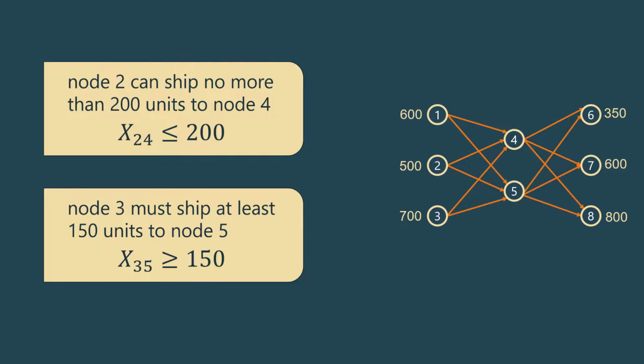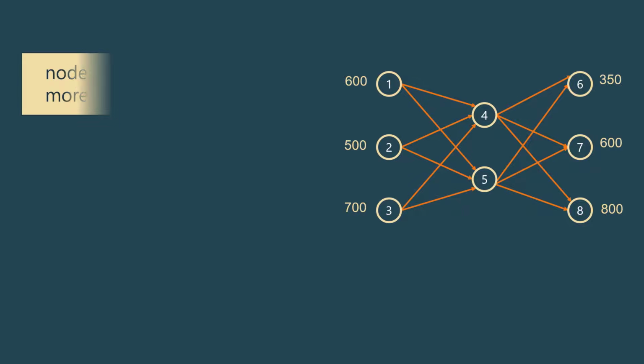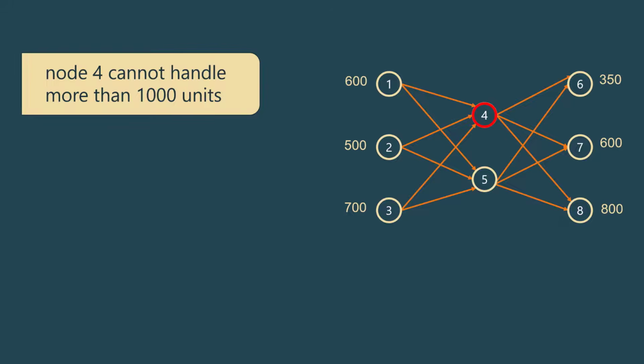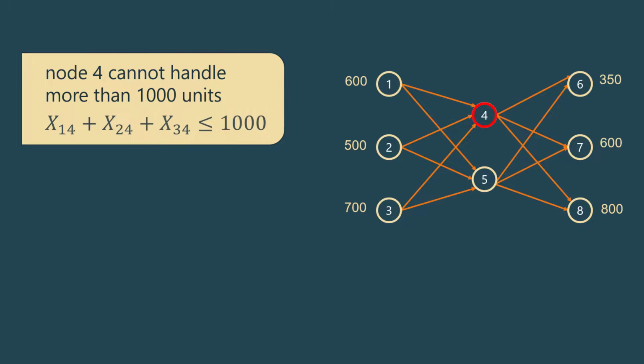In some cases, one or more transshipment nodes may also be capacitated. For example, suppose due to space limitation, node 4 cannot handle more than 1000 units. Then we can write x14 plus x24 plus x34 less than or equal to 1000.